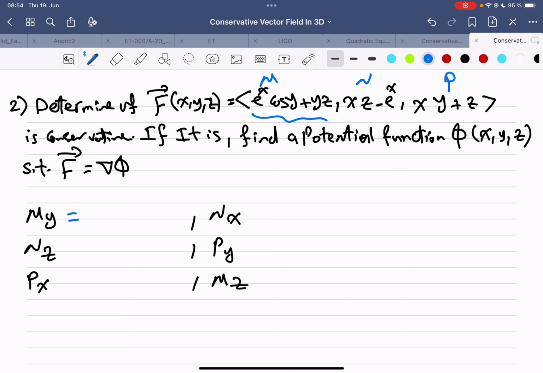Differentiate this with respect to y: e to the power x is constant, and cosine y, when you differentiate it with respect to y, will be negative sine y. So this will give you negative e to the power x sine y, and y z will give you z.